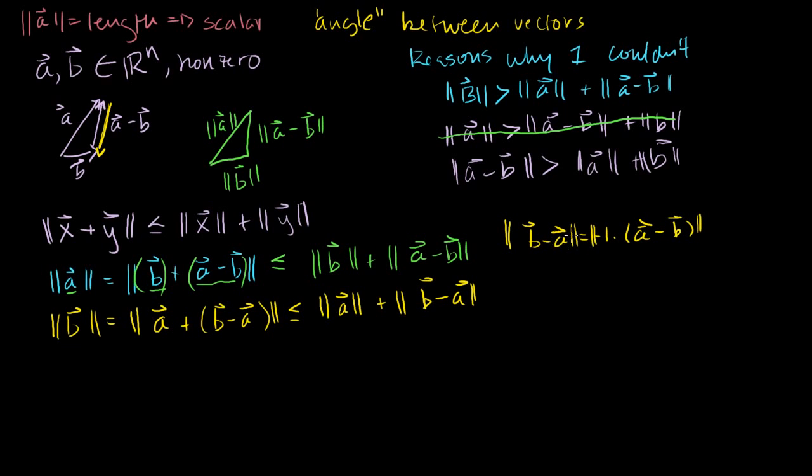Essentially, you can take that based on the visual depiction of them: they're the exact same vectors, just in different directions. I have to be careful with length because it's not just in two dimensions, but I think you get the idea. So we know that the length of B is less than or equal to the sum of those two lengths, so we don't have to worry about that one right there.